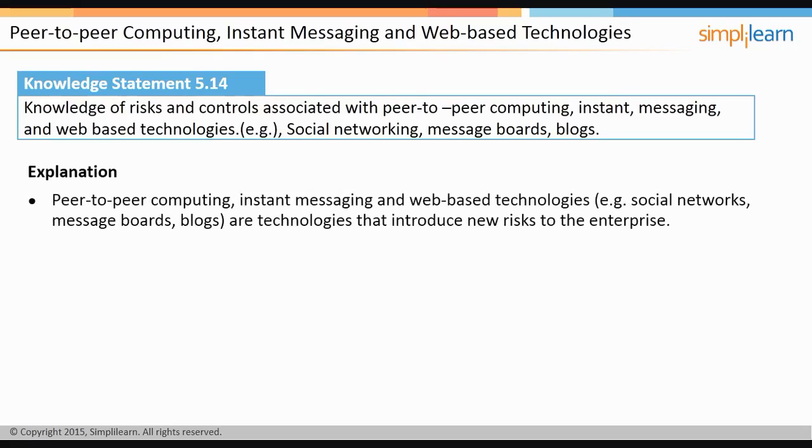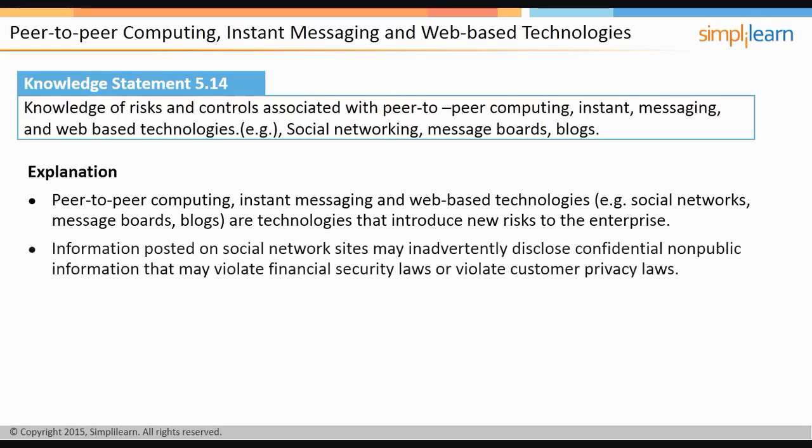Peer-to-peer computing, instant messaging, and web-based technologies, for example, social networks, message boards, and blogs, are technologies that introduce new risks to the enterprise. Information posted on social network sites may inadvertently disclose confidential, non-public information that may violate financial security laws or customer privacy laws.